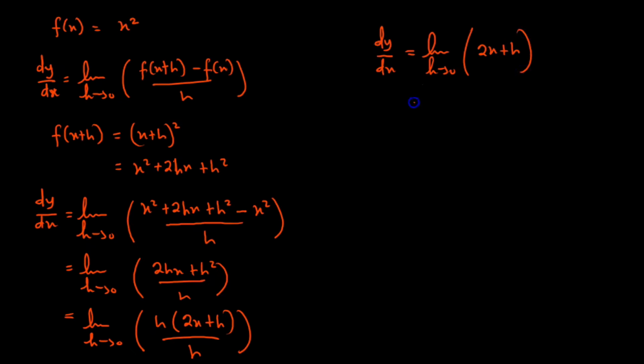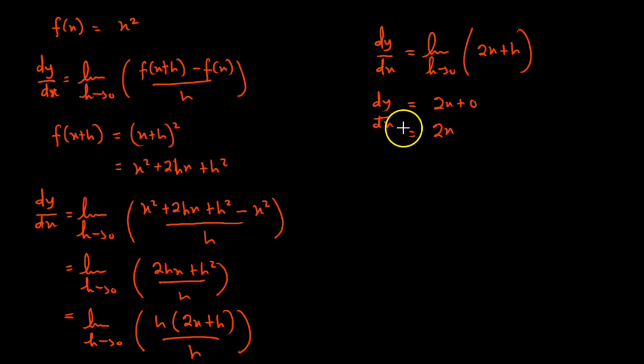At this moment, when you substitute the value of 0 into the function, you will not get an undefined solution. So we can go further and say that 2x + 0 will give us dy/dx, and we have the final answer as 2x.